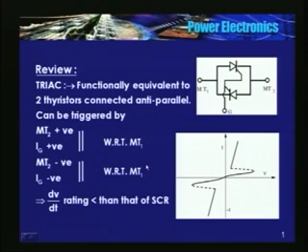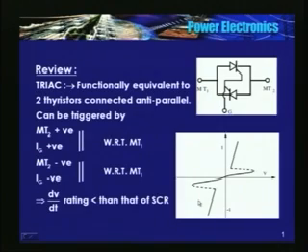It can also be triggered by making MT2 negative and Ig negative with respect to MT1. So the VI characteristics look like this: positive Ig and a negative Ig.